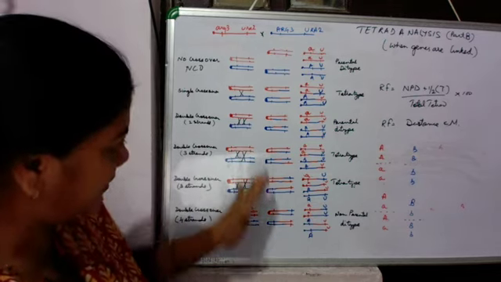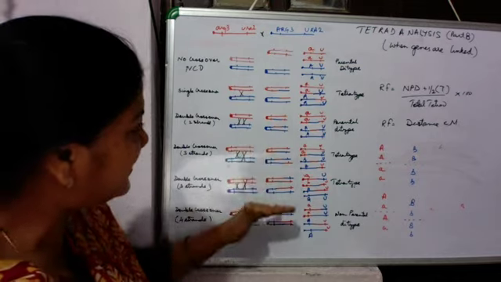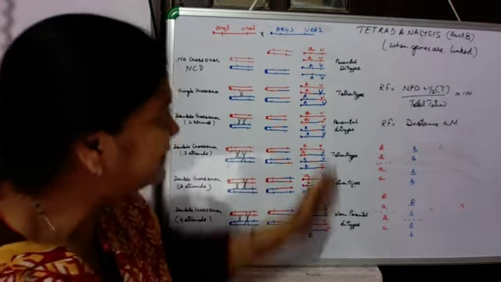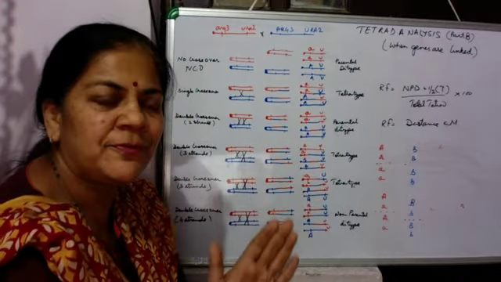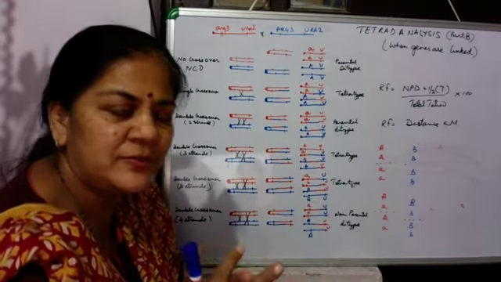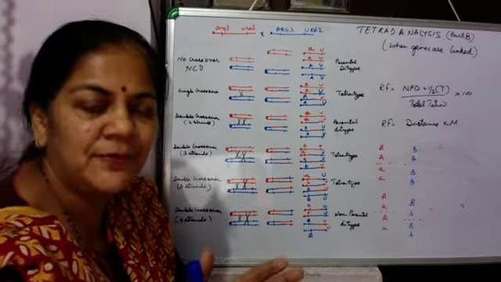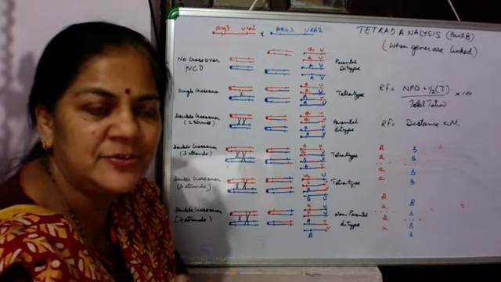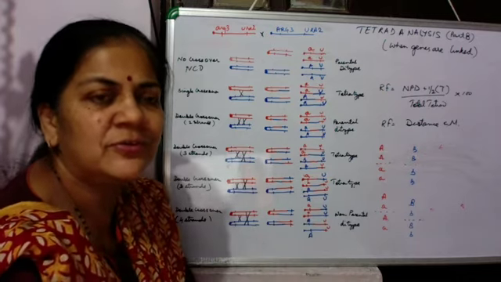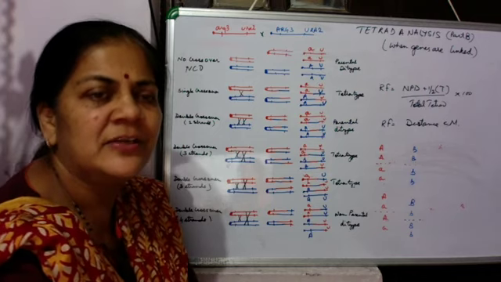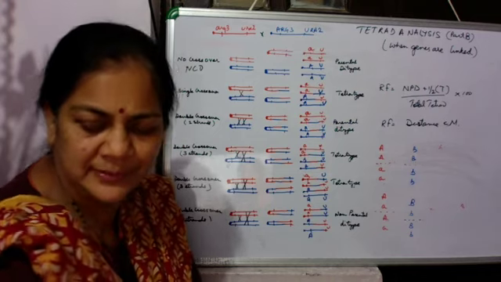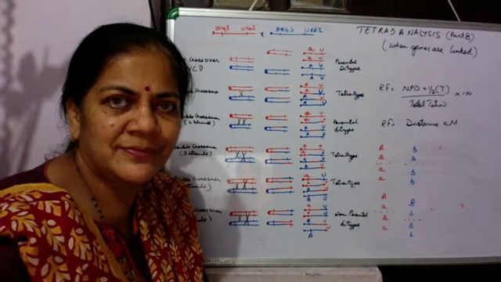Just go through this chart and see how you're getting the different tetrads, the formula, and the importance of Neurospora in identifying the distance between gene and centromere and between the two genes. So this is about tetrad analysis, and if you understand this, you'll be able to solve the numericals that are given to you. Thank you.